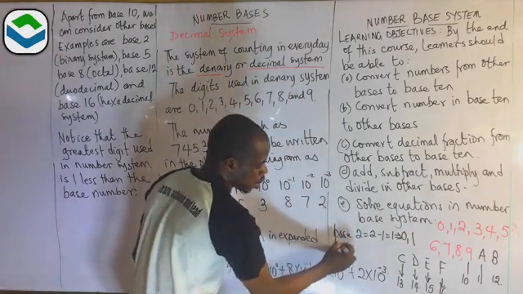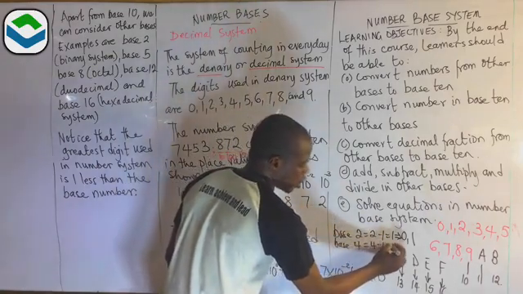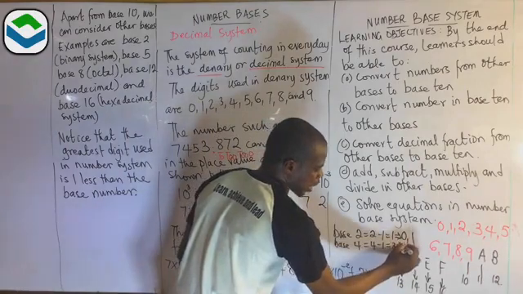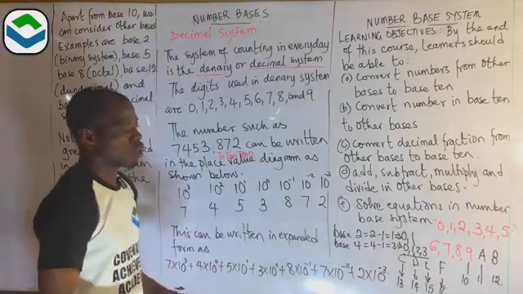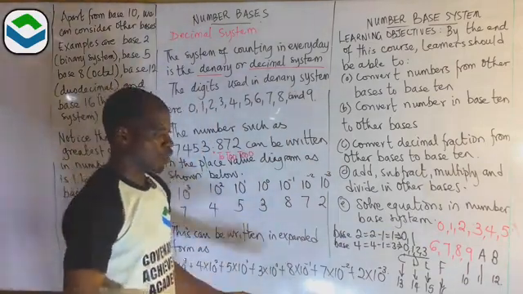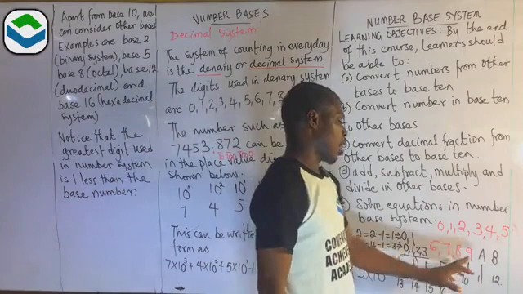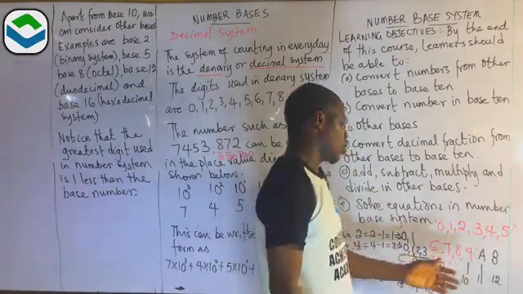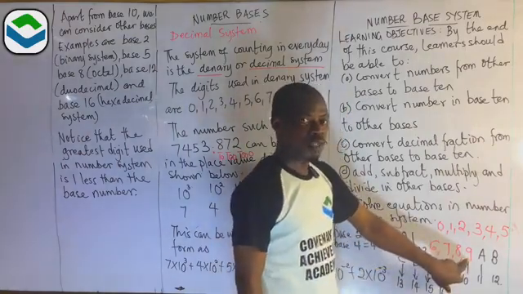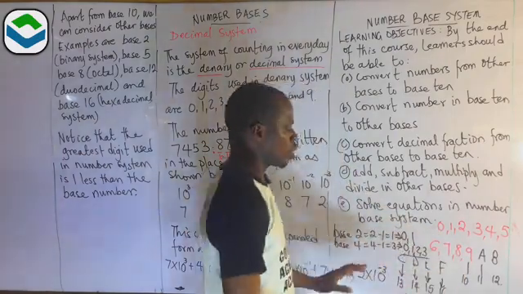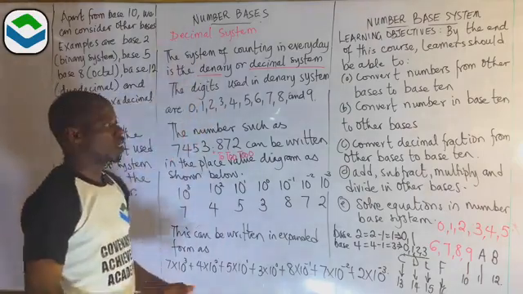Also, if I consider base 4, it is going to be 4 minus 1, which is 3, so I can have 0, 1, 2, and 3 in base 4. The same thing goes on for other bases. For instance, in base 11, the highest digit is 11 minus 1, which is 10. So that is what we need to understand as the introduction, or the basis, of what number system is all about.